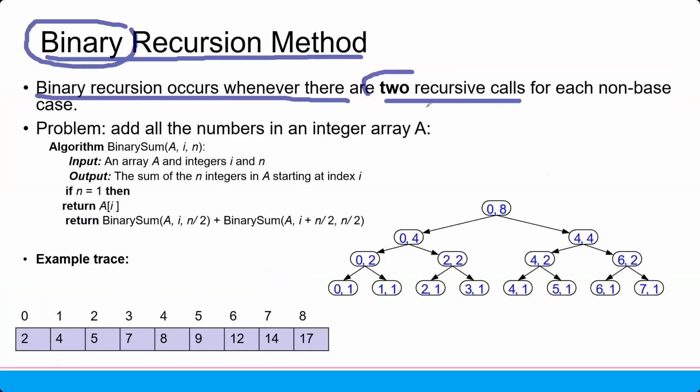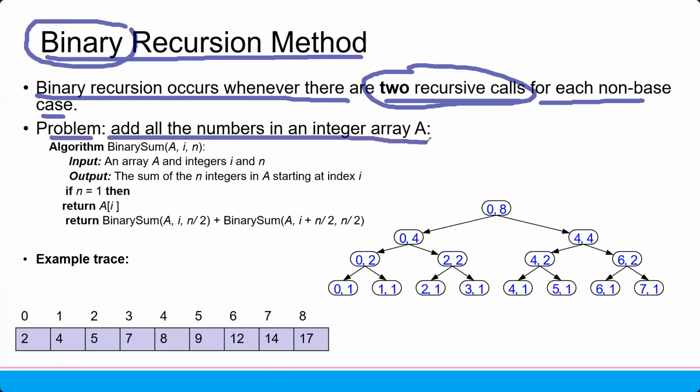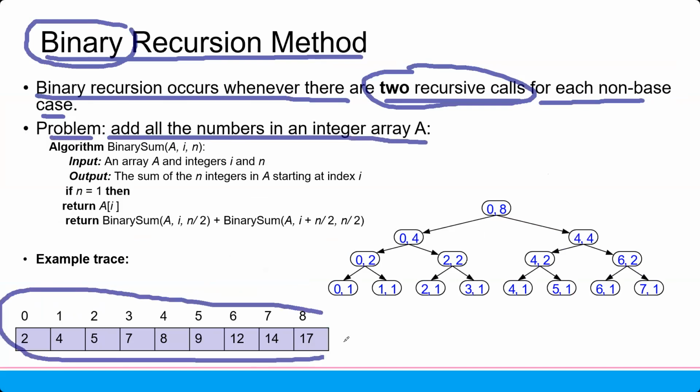So if there are two recursive calls for each non-base case, then we call this binary recursion. For example, add all the numbers in an integer array A. So I have this integer array, or it is a list. And I want to do the binary sum.